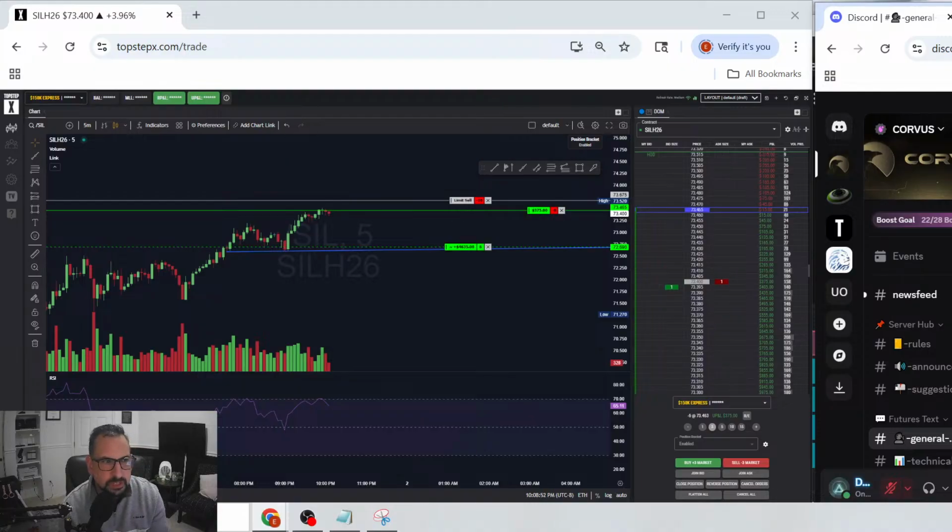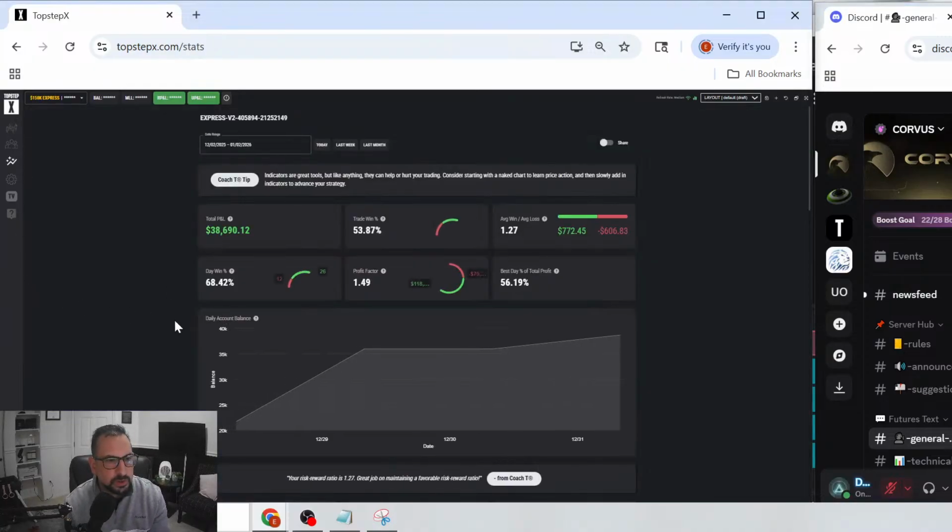I just opened this 150K account because I have a 50K that's on its last payout. Yeah, so the 50K was my first one, and then I just opened this 150K 2 days ago.